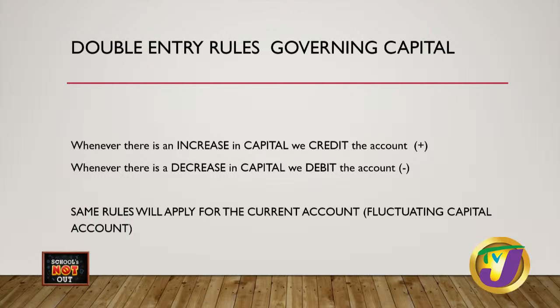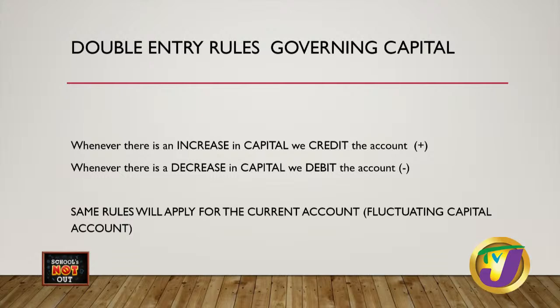Because it is a capital account in and of itself, though fluctuating, the same double entry rules that govern the general capital account or the fixed capital account are also going to govern the current account, because it's still a capital account, right?